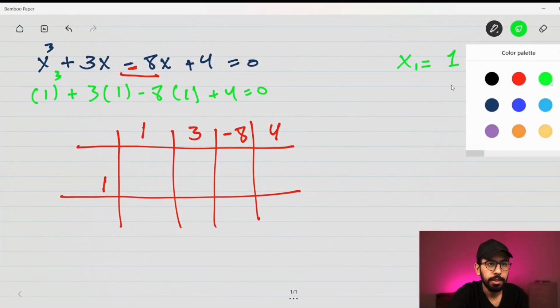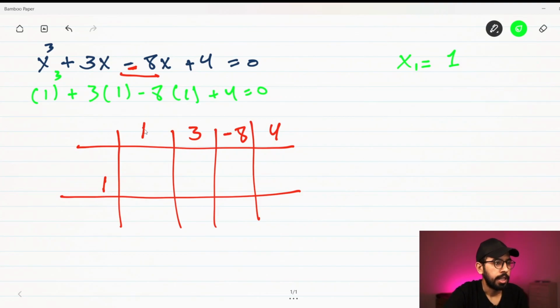So what you can do now: the first term will always go directly below the last line.